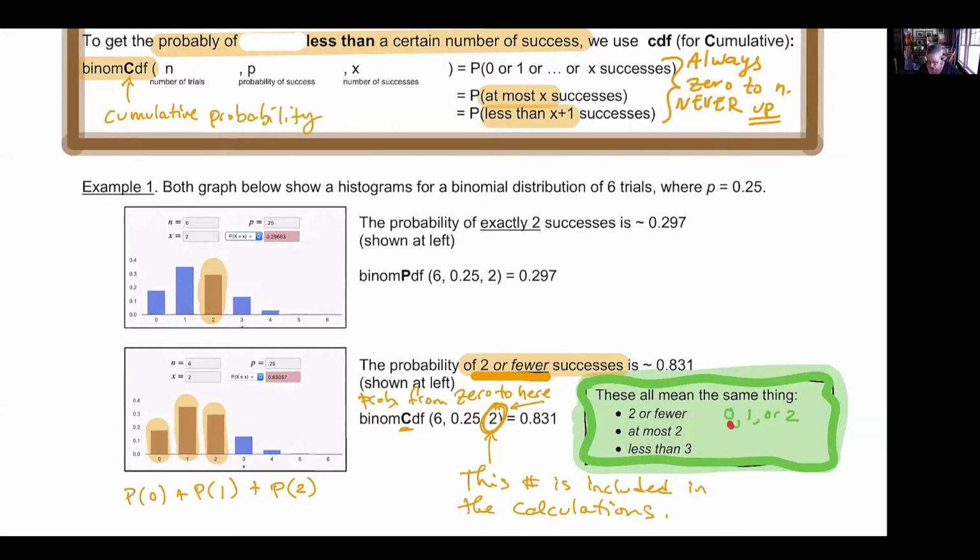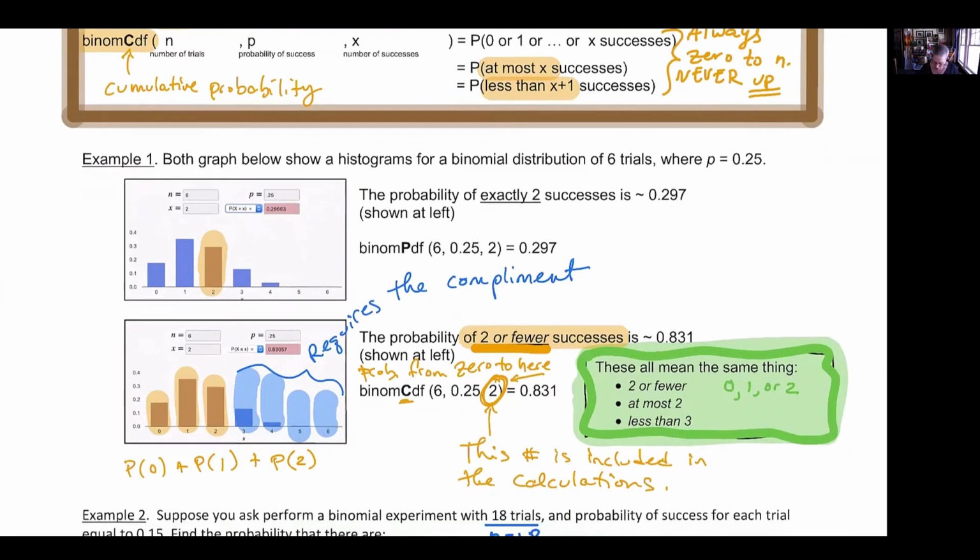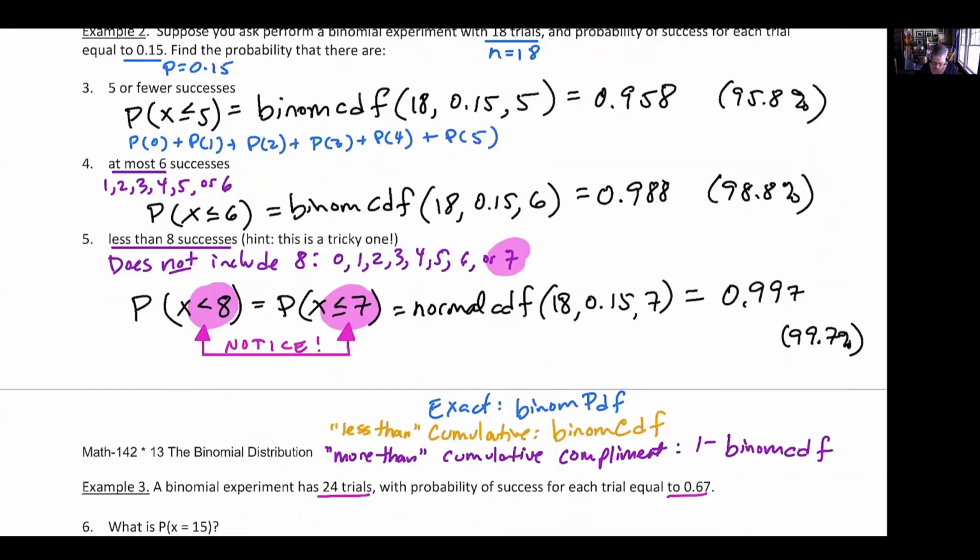So those all mean 0, 1, or 2. If we wanted to find more than 2, the remaining bit, 3, 4, 5, or 6, this is when we would have to use the complement, because the calculator only knows how to start from 0 and fill in to the right. It's the only way it knows how to do things. Okay, that makes sense?